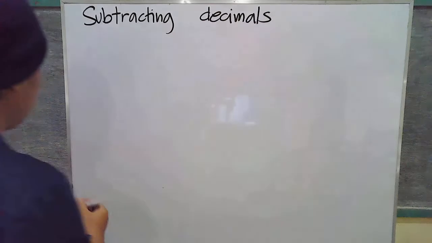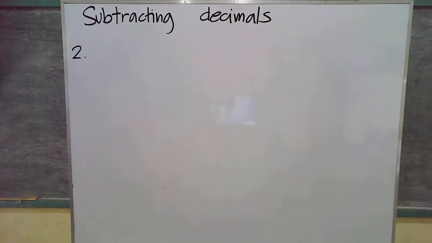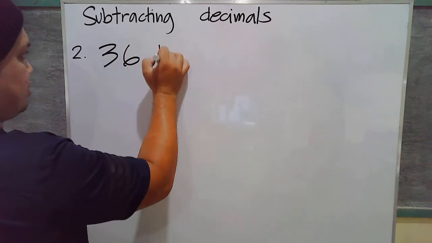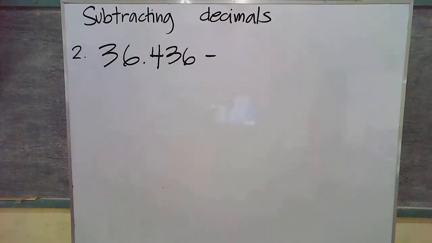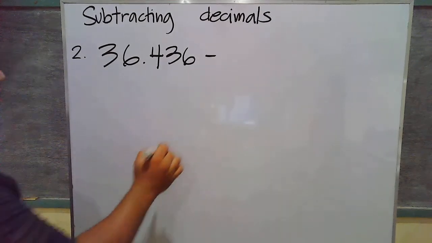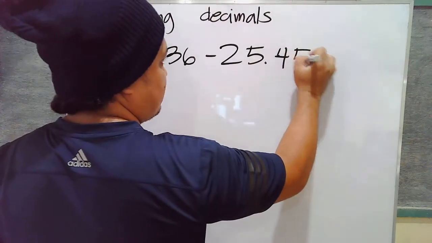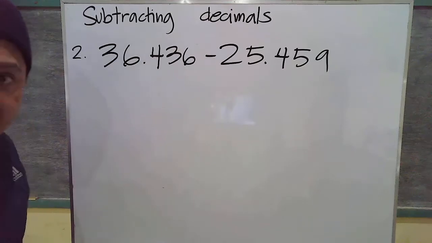Let's have example number 2. 36.436 minus 55.459. So we are now subtracting decimal numbers.